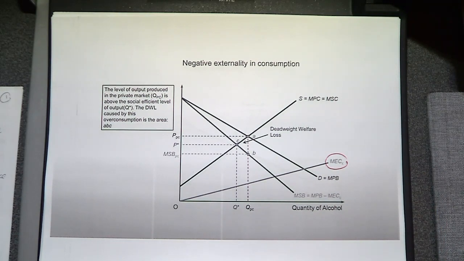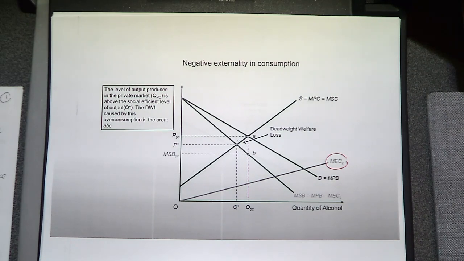The idea of the marginal external cost and the marginal external benefit is exactly the same as for the externalities in production. The difference is that instead of adding them to the supply, now we are taking them into account in the marginal private benefit, in the demand. In this case, the marginal external cost will be subtracted from the marginal private benefit.